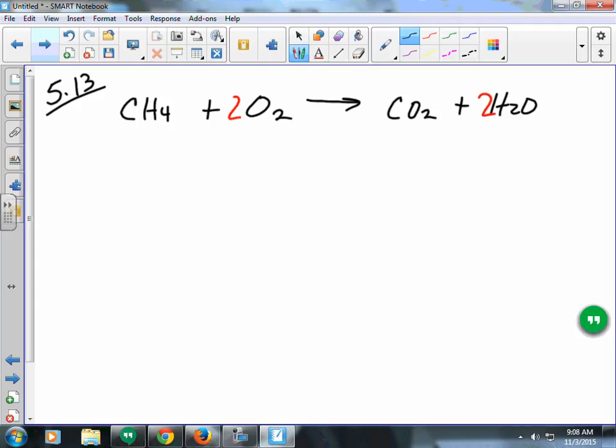So we know for methane, we know that the volume is 2.80 liters. We know that temperature, we've got to change it from 25 degrees C to Kelvin. Good. Pressure.